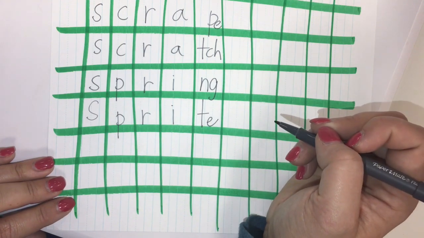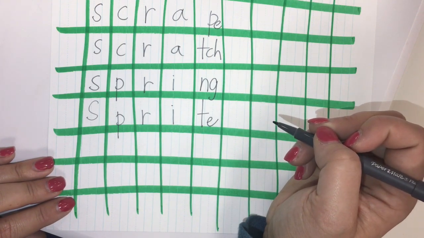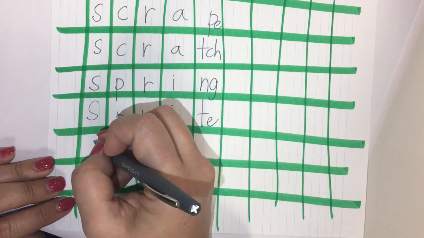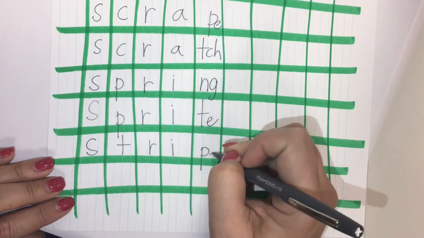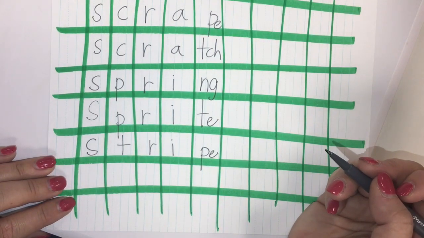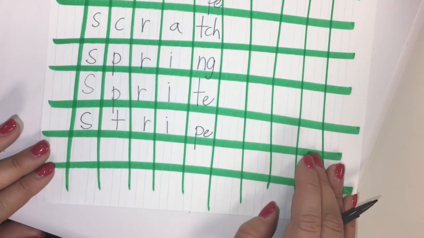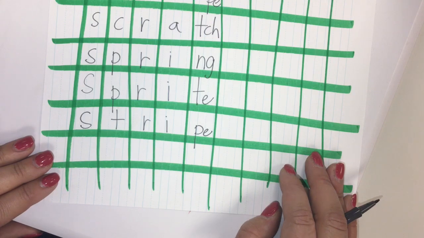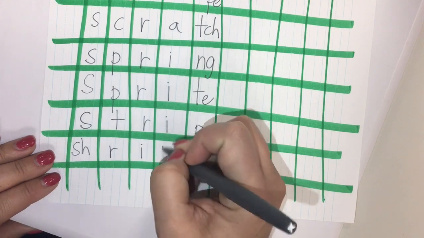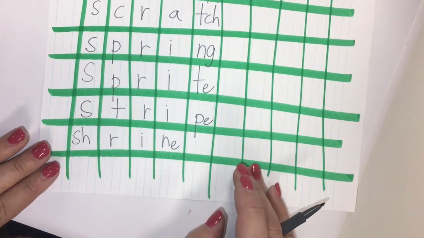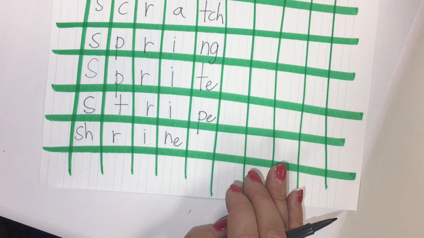STR, so I'll do stripe. We have that silent E in there. I'm running out of room, so I'm just going to do one of each now. If I did SHR, if I did shrine, SH does have one sound, so it'll go in one box.